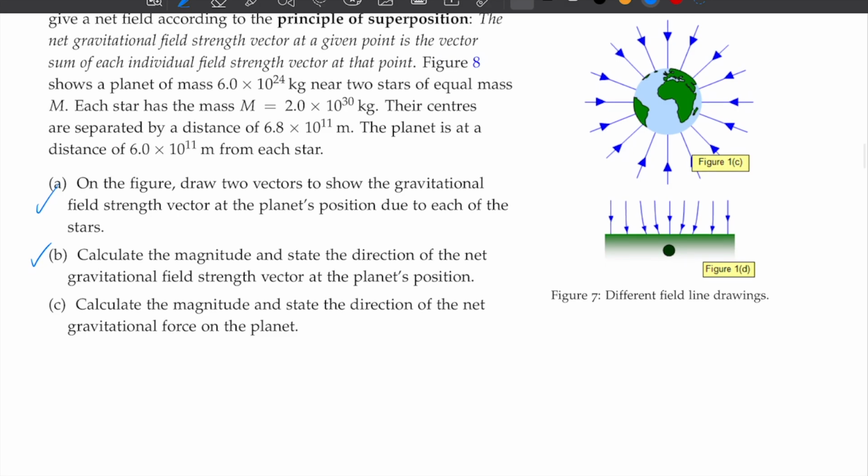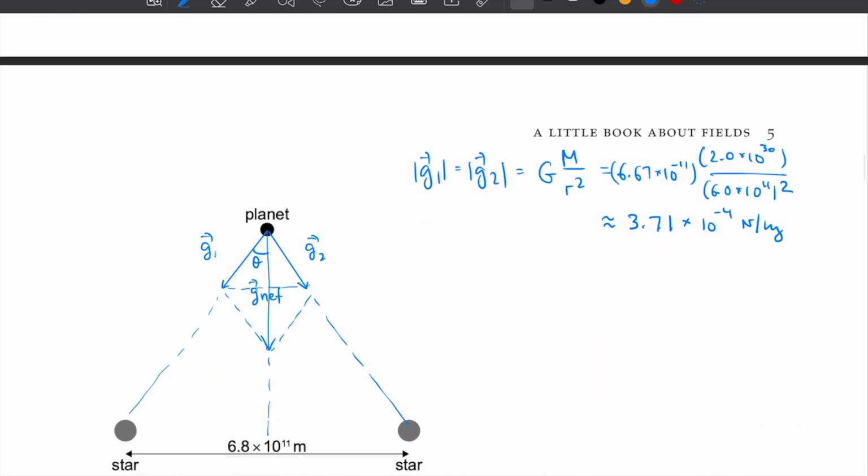Centers are separated, yes, okay, good. So we know that this distance was 6 times 10 to the 11 meters. I know that this distance down here is 3.4 times 10 to the 11. So I can get the angle by doing sine, right? Sine theta is the opposite over the hypotenuse.